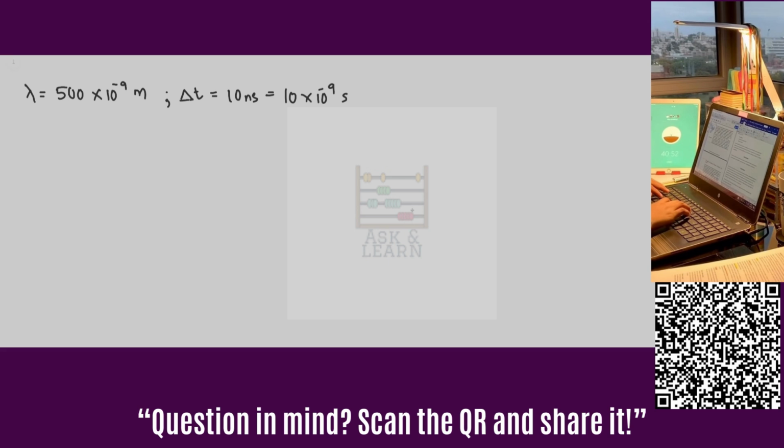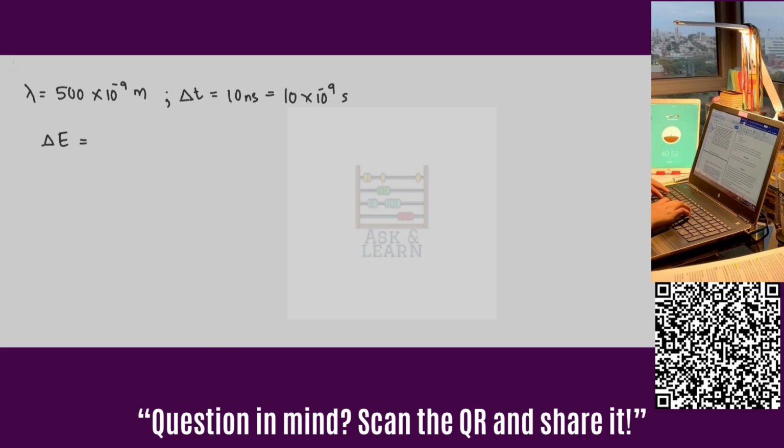So we find the fractional uncertainty in the energy, delta E, from the lifetime and the uncertainty principle, which is given by equation 28.2.